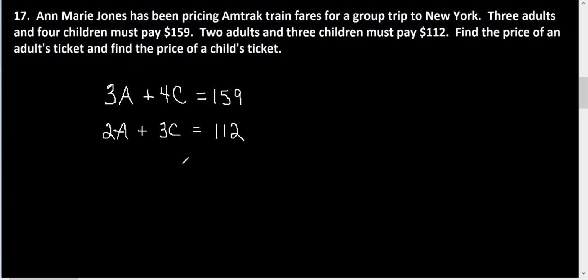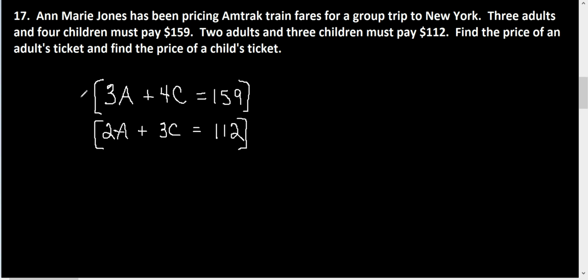They're not being very kind to us, because we've got these numbers that aren't multiples of each other, where we have to do it twice. I have to multiply the top by a number and the bottom equation by a number. So in this case, I'm going to pick on the A's to be opposite of each other.